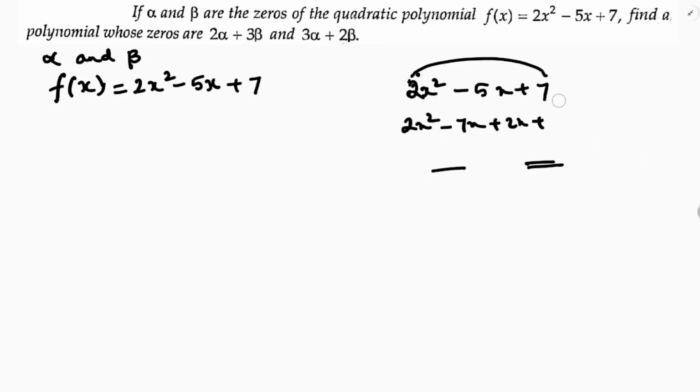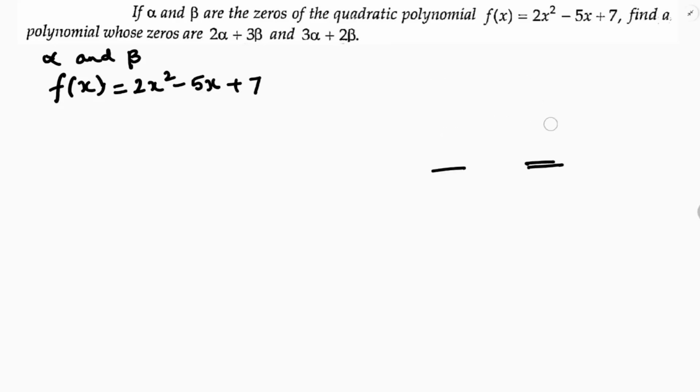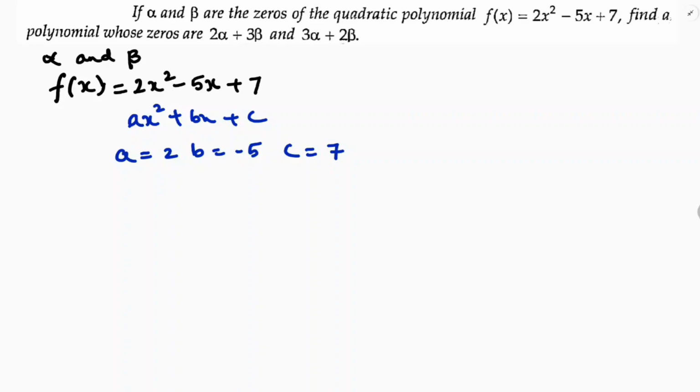So it's not possible in this way. So what I'll do is, first I'll find the sum of the zeros and then the product of the zeros, and with the help of that I'll find out. Here, ax square plus bx plus c. If I compare the values, a is 2, b is minus 5, c is 7.